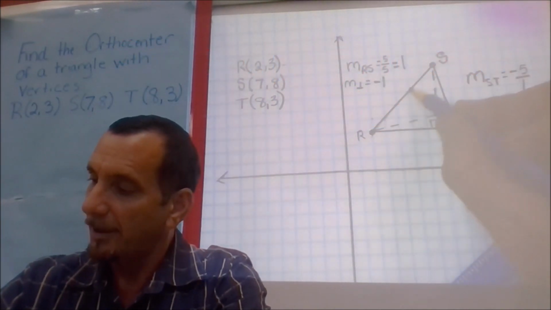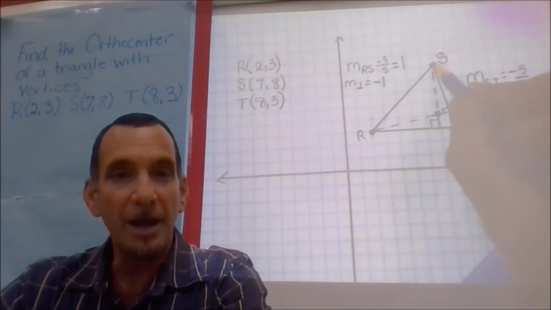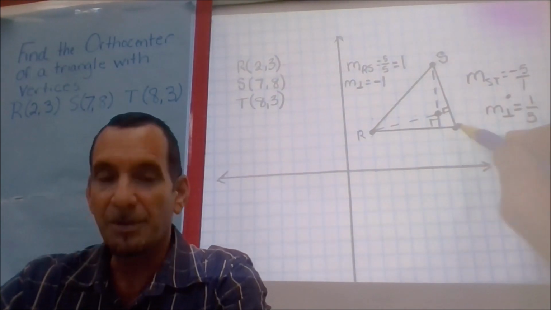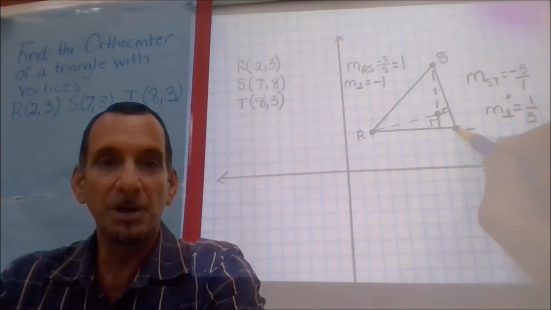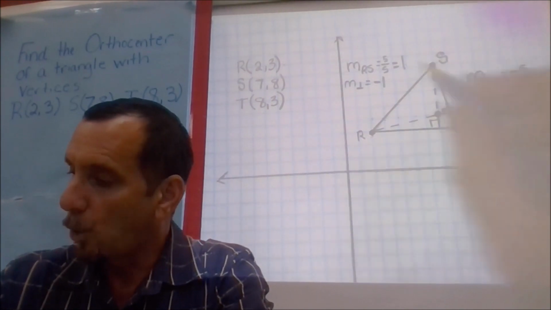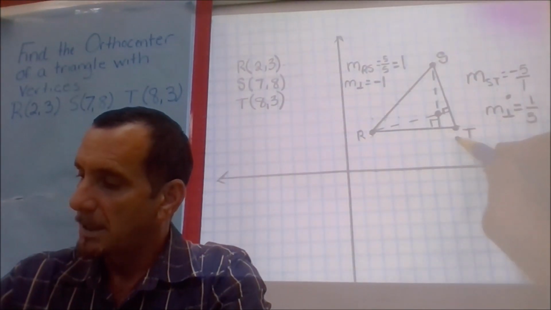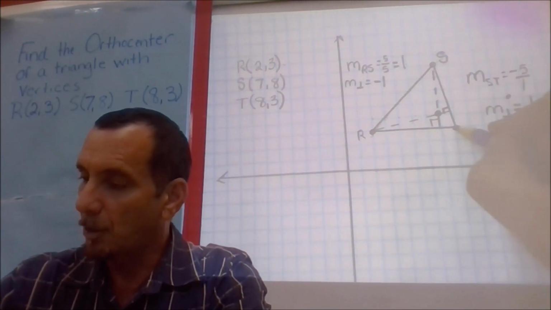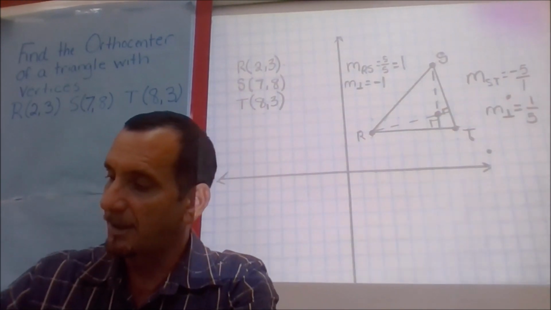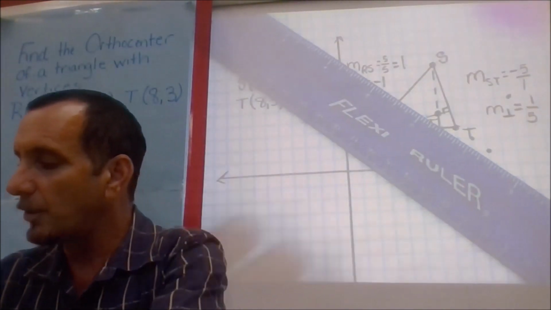Now I'm talking about the segment RS, so I'm going to start with the opposite vertex T, and I'm going to use a slope of negative 1. So I'm going to go down 1 over 1. I could continue, or I could go up 1 and over 1 in the negative direction, and look at what is happening.